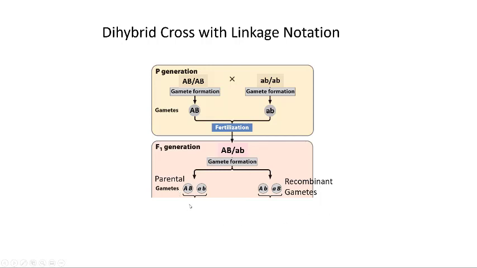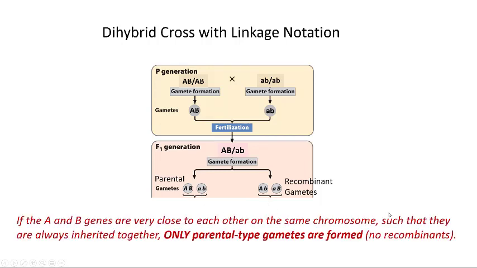So normally we would have a dihybrid individual. We can form 4 types of gametes, and the two parentals are on the left, the two recombinant types are on the right. When the A and the B gene are very, very close to each other on a chromosome so that there's no crossing over between them, it turns out that you only get the parental type gametes. You would never get recombinant gametes.